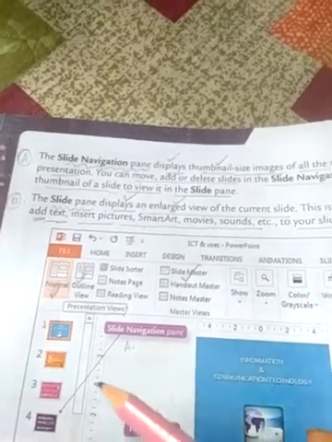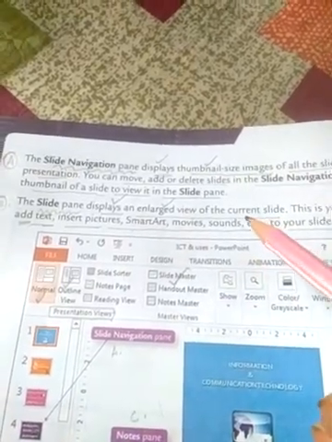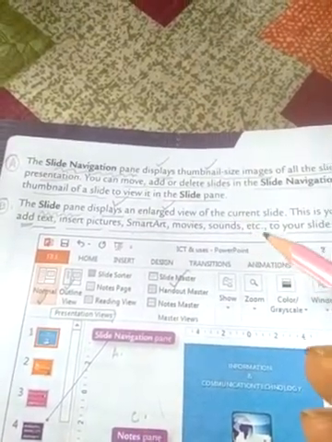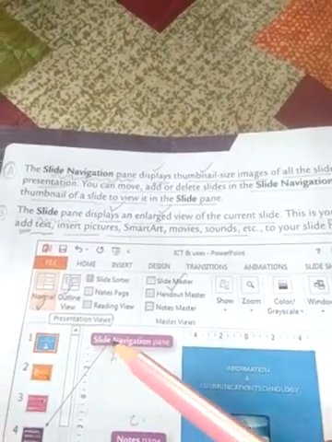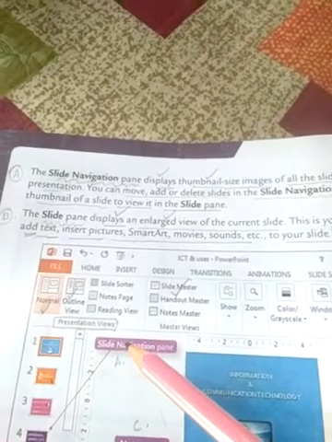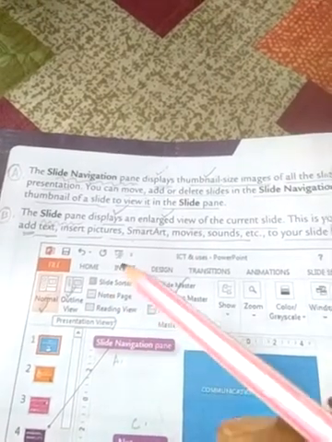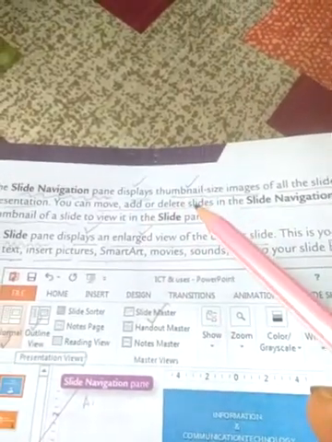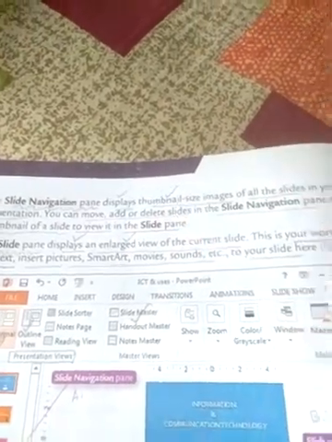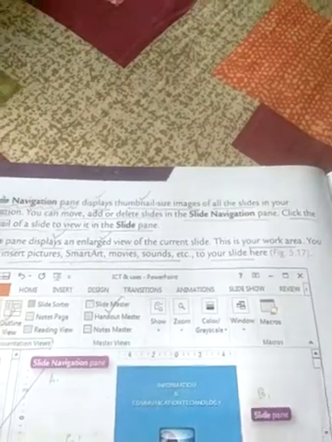To avail these slide thumbnail size images, we have to go for the slide navigation pane, because this is used to display the thumbnail size images of the slides of our own presentation.